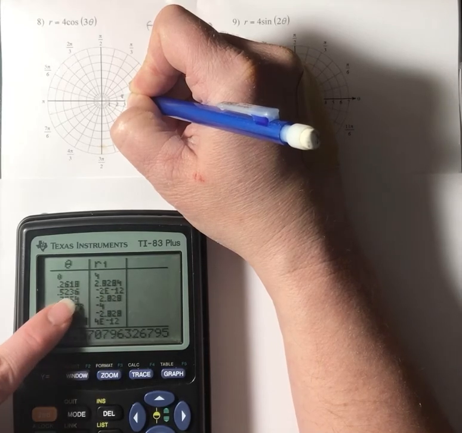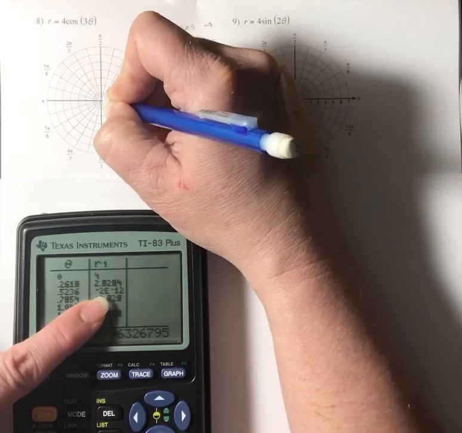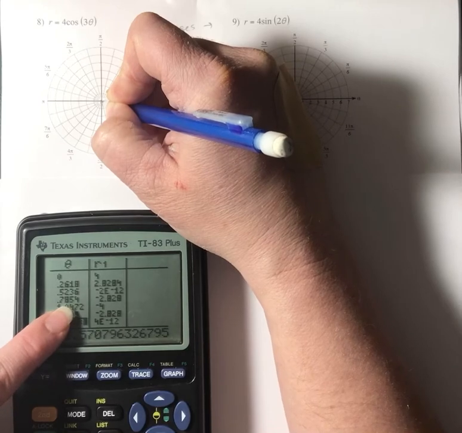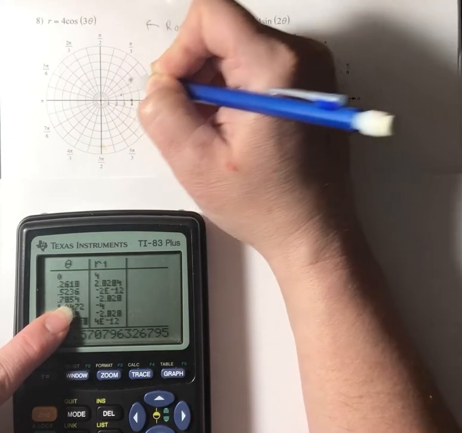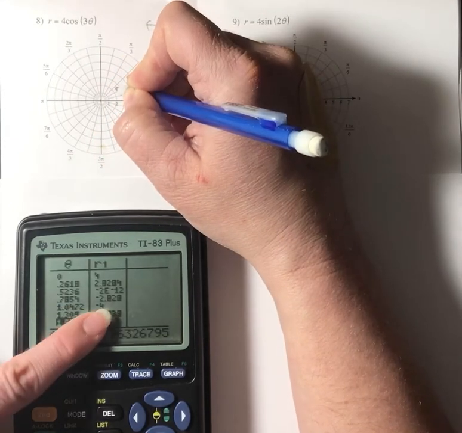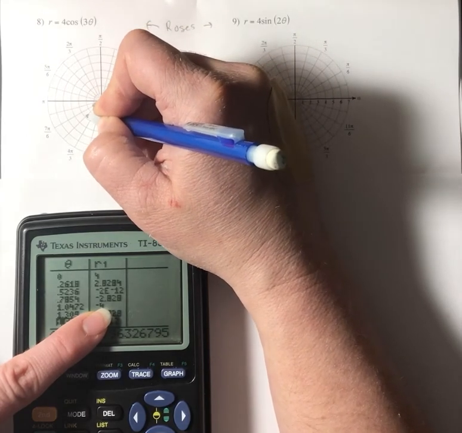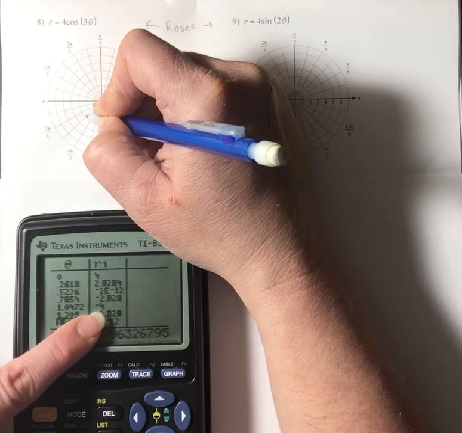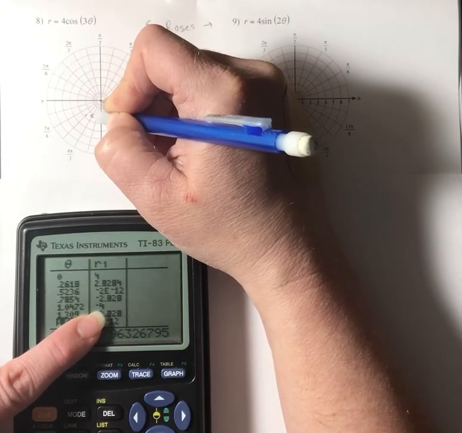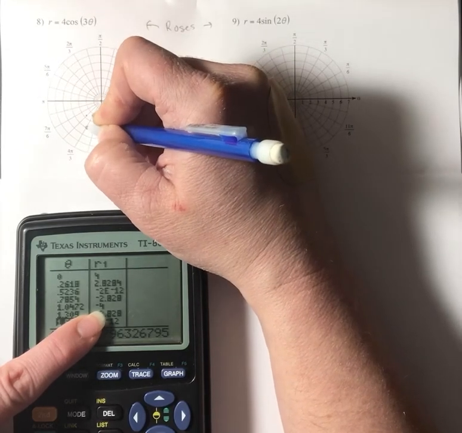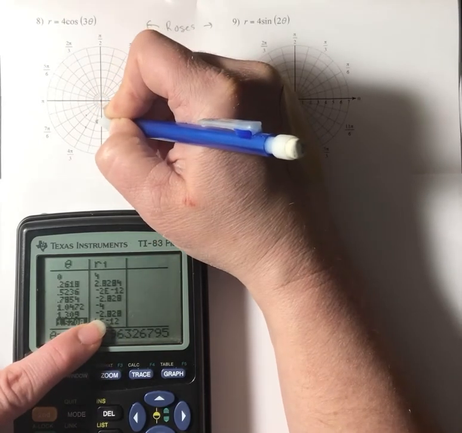Here's another. This is going to be pi 6ths, 0. Pi 4ths and a negative 2.8. Negative 4. Again, another negative 2.8.